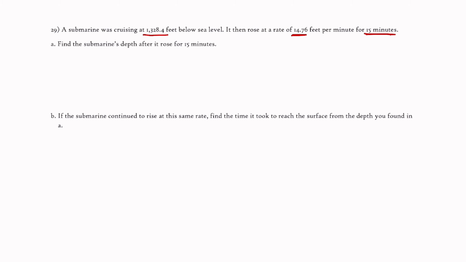How do we do that? We know initially it is at a minus, below, and then it is rising up by 14.76 feet per minute, and it is coming up for 15 minutes. What are we supposed to do? Yes, we are supposed to multiply these two numbers because it is repetitive addition.